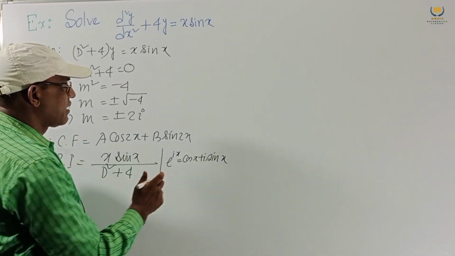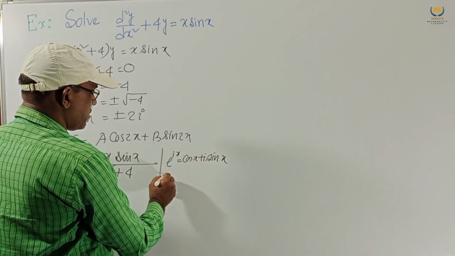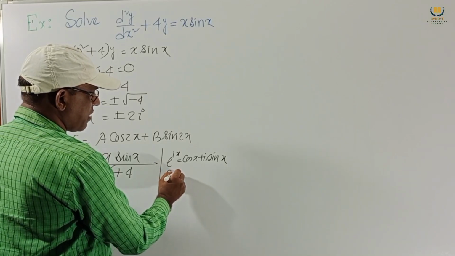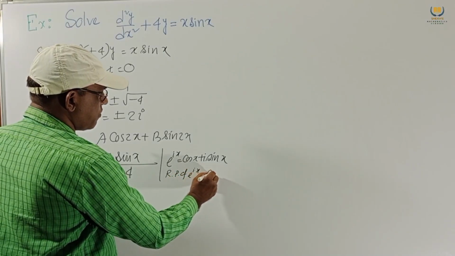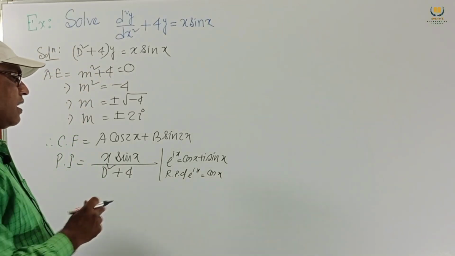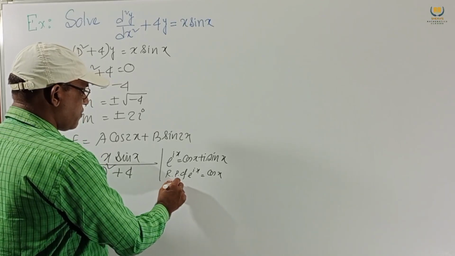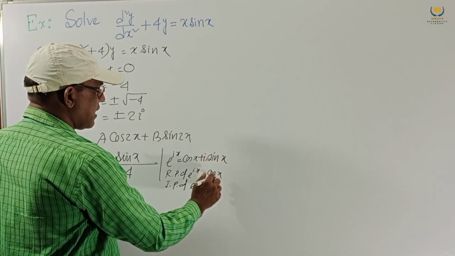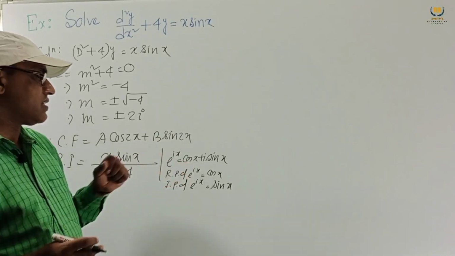So we can write the real part of e to the power ix is cos x, and the imaginary part of this is sin x. Sin x is the imaginary part and cos x is the real part.